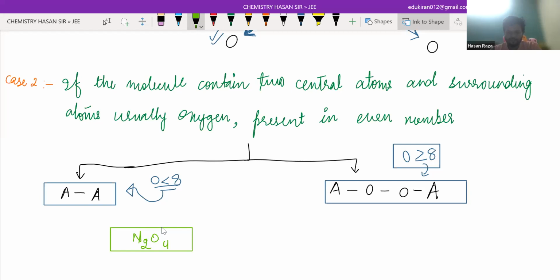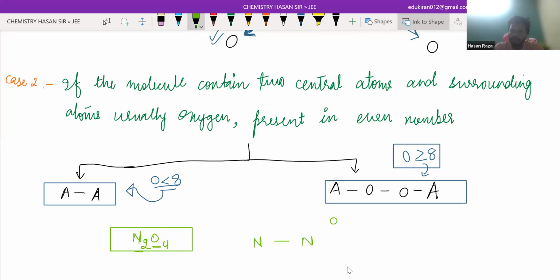See, I'm going to draw the structure. It's very easy. You can see two central atoms. You have oxygen in even number, and it is 4. So the linkage that I'm going to use is NN, the AA linkage, according to the rule.